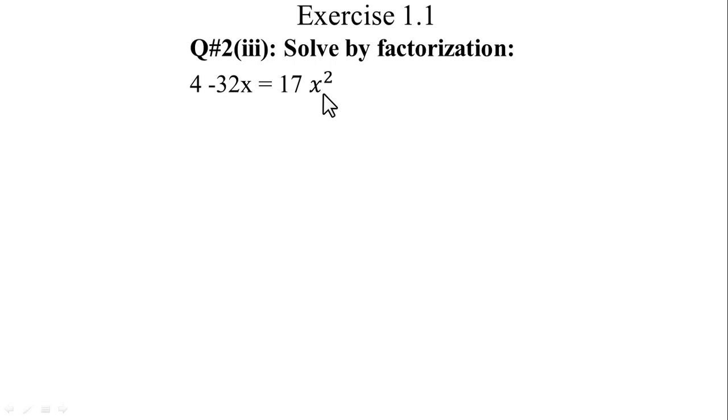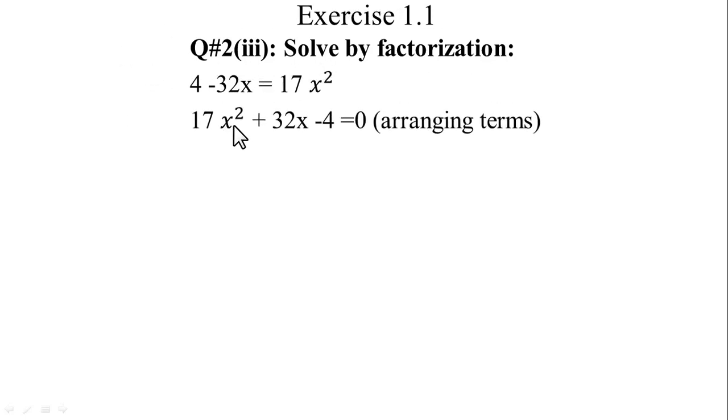First of all, arrange this: we have 17x square plus 32x minus 4 is equal to 0. Now we can factorize: 17 multiplied by 4 is minus 64.